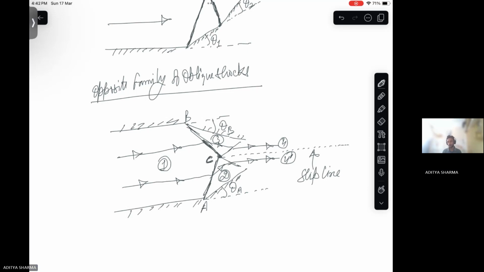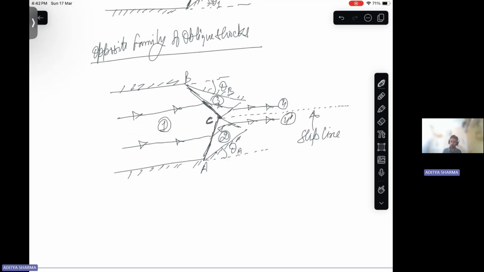But what will happen is that conditions at regions 2 and 3 will be the same, right?